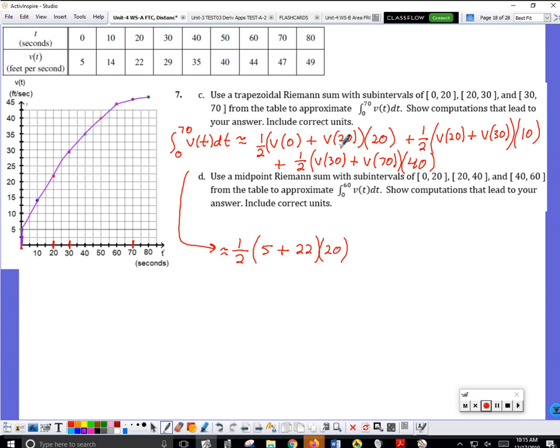Yes. Look. Okay. So when you do a trapezoidal sum, it's just like left, right, and midpoint. You go to the first subinterval, you pick the time that is most left and the time that is most right. You find the velocities at both times, and then you average those two velocities.